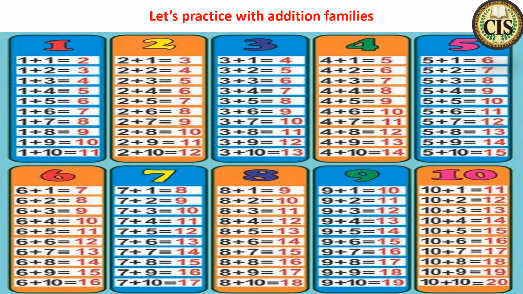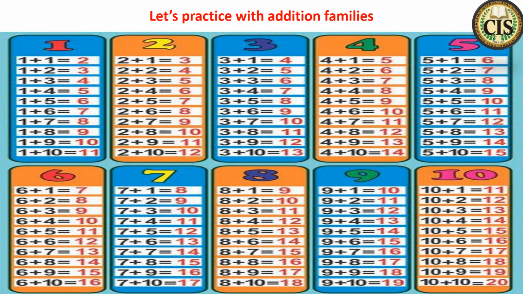And so on. Now let's move to the family of 3. 3 plus 1. Put the big number in my mind and the small number on my fingers. The big number here is 3. 3 in my mind and 1 on my finger. After 3, 4. So we will write 4. 3 plus 2.